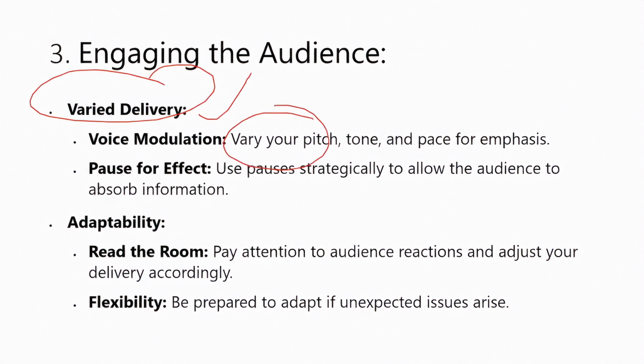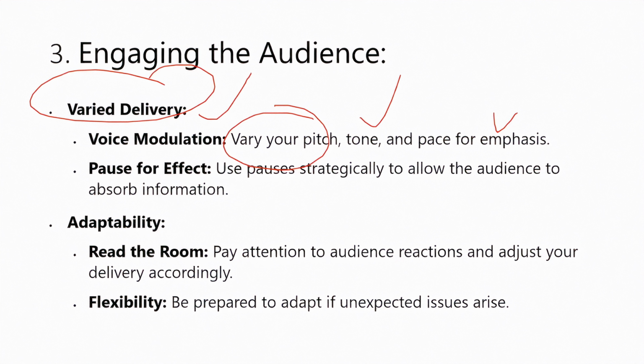Vary your pitch, tone, and pace for emphasis. There should not be a monotonous tone. At one time your voice should be loud, at another with high pitch, sometimes low. There should be variation so that it expresses emotions, because variation in the sound expresses emotions.